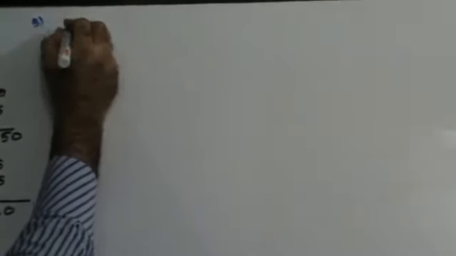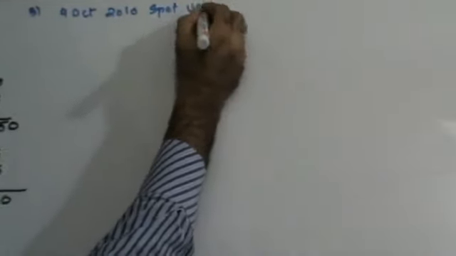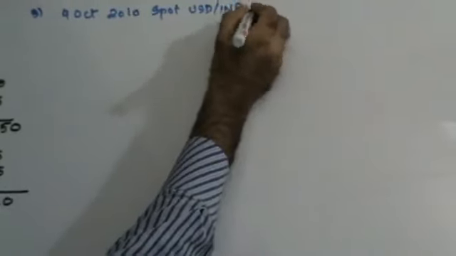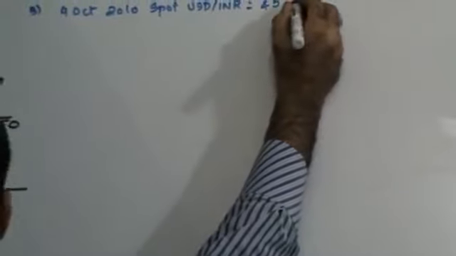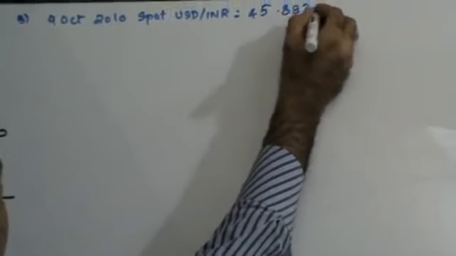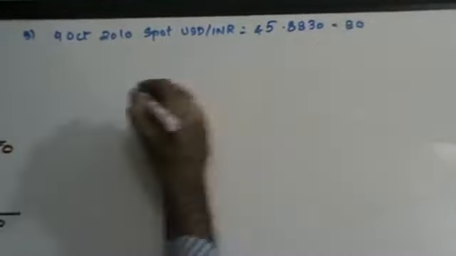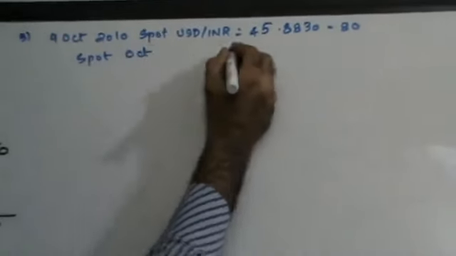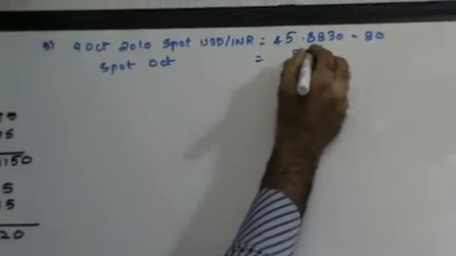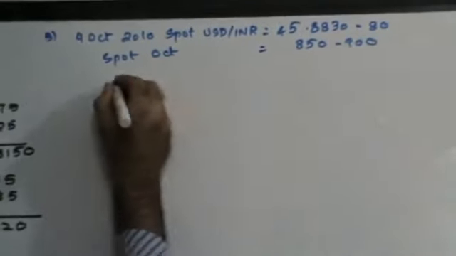Suppose they give you that on 4th October 2010, spot USD INR is 45.883080. Spot October is 850 900.